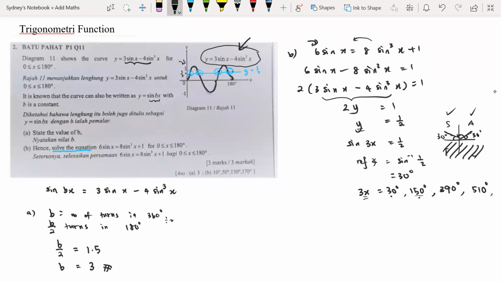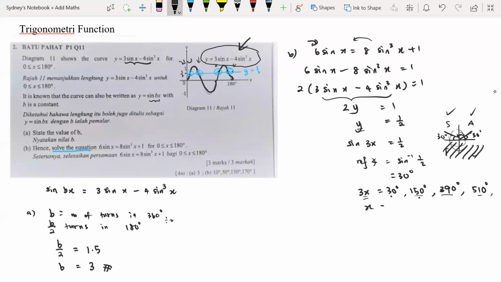If they don't give us the domain, or they give us a domain until 360, we should continue at 360. That means it goes 1 full turn and then another turn. But we only need 4 based on the diagram, because there are only 4 intersection points.